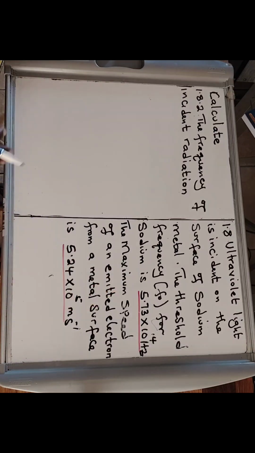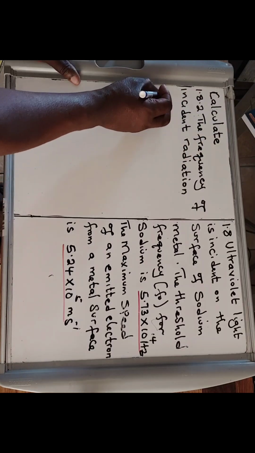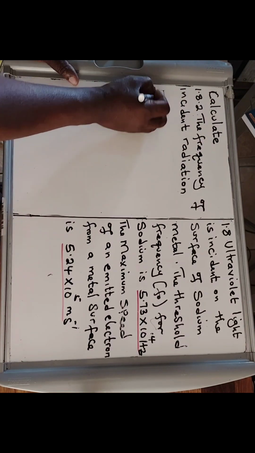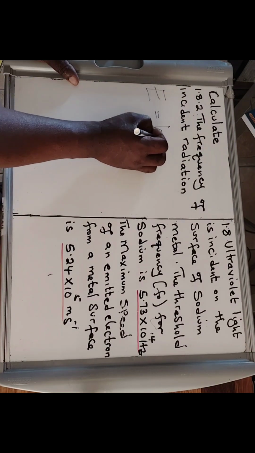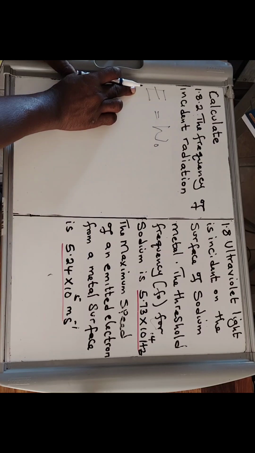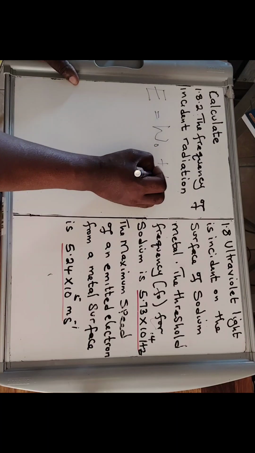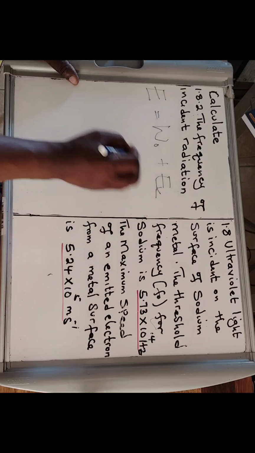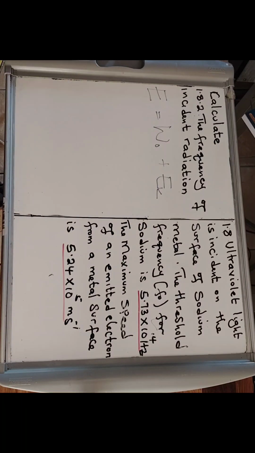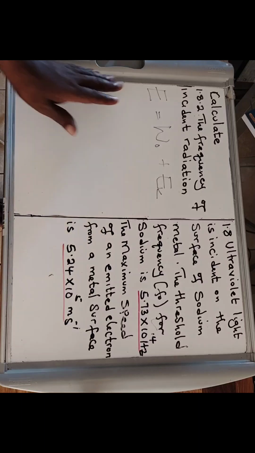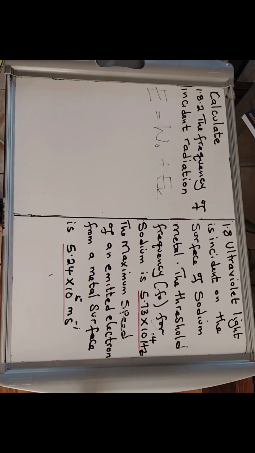So when you look at the information, everything points to the general equation as put forward by Einstein. It says energy of incident radiation is equal to work function plus EK. We normally advise you to use it in this format so that you can change it accordingly.